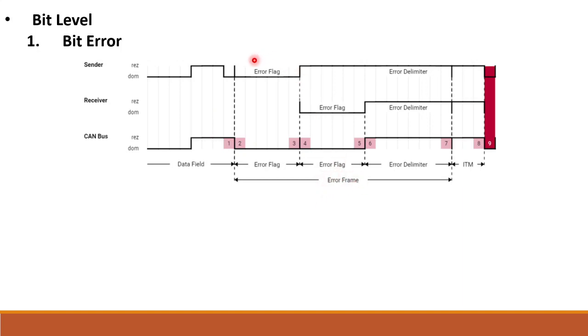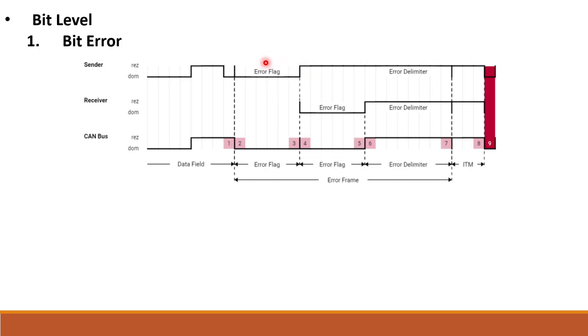Error frame means this, as we already discussed in the previous session, how the passive error frame looks and how the active error frame looks. Here I am representing the active error frame. In the active error frame, we have six continuous zeros.